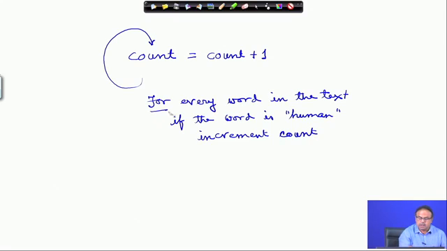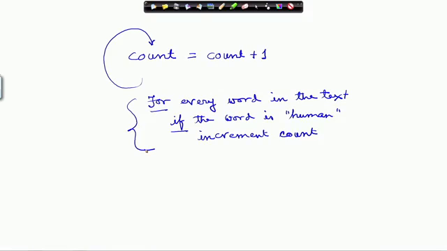So, I will increment the count only if the word is human, otherwise I will go on reading the word. So, this is a very clear step which I can express to the computer in its own way, so that it can find out how many times the word human has occurred.